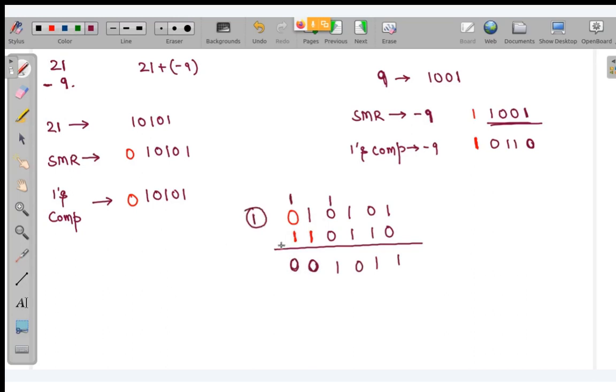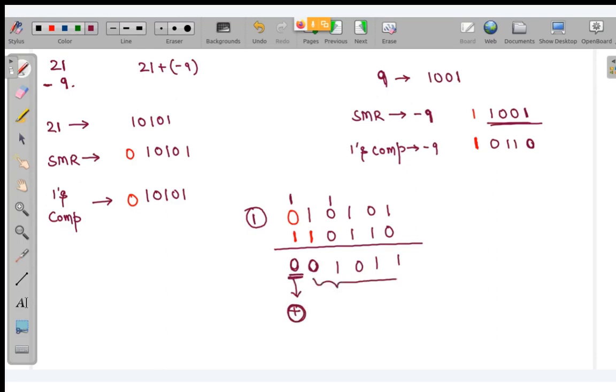Now tell me if we are getting the correct number or not. So this is 1, 0, 1, 1. See, the leftmost bit is 0, so this indicates this is a positive number. But what is the number?